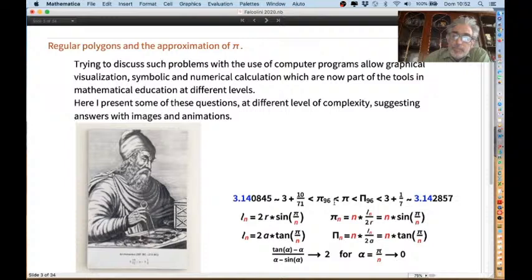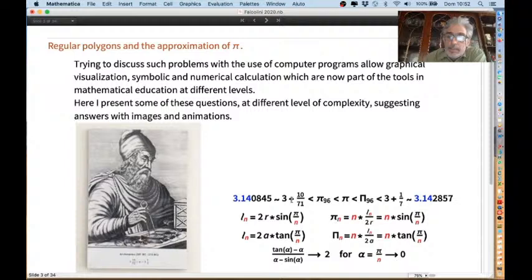He did also the same thing with the circumscribed polygon, and he did the same with the inscribed polygon inside the circle, obtaining the estimate from below with the number 3 plus 10 divided by 71, with this approximation of pi.